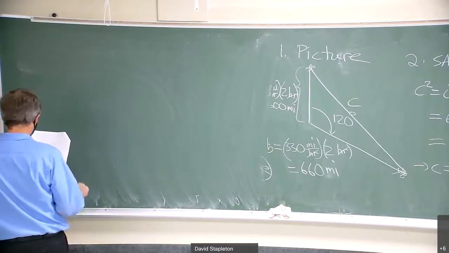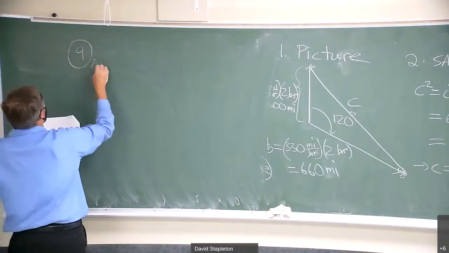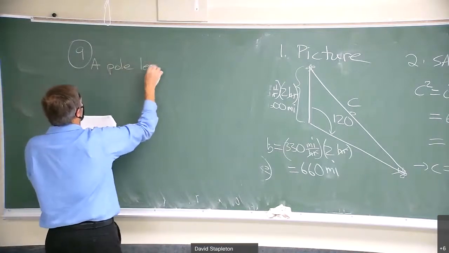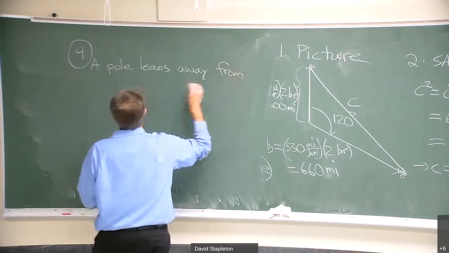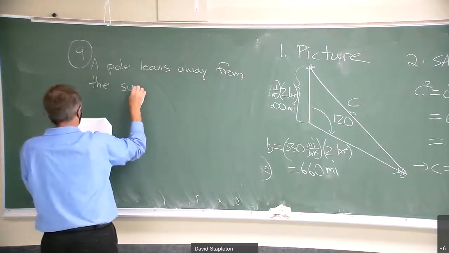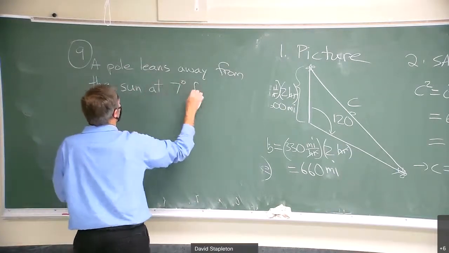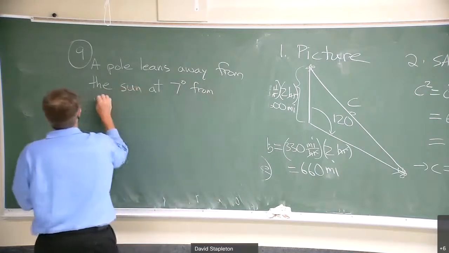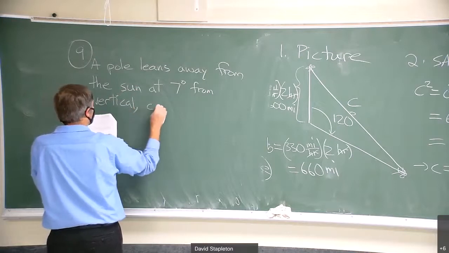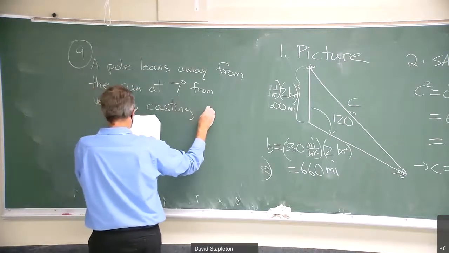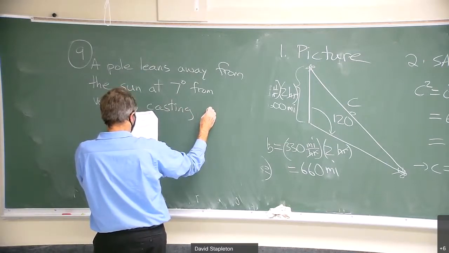This one. This is number 9 out of one of the sections here. Suppose a pole leans away from the sun at 7 degrees from vertical, casting a 42-foot shadow.